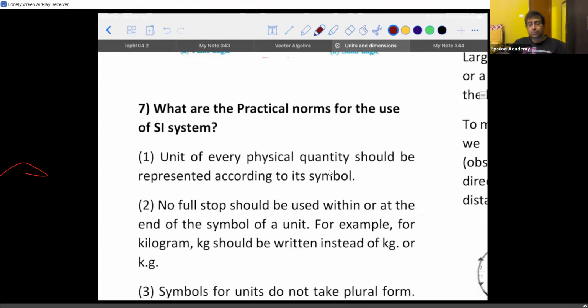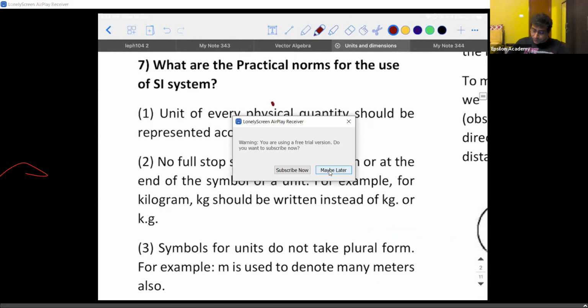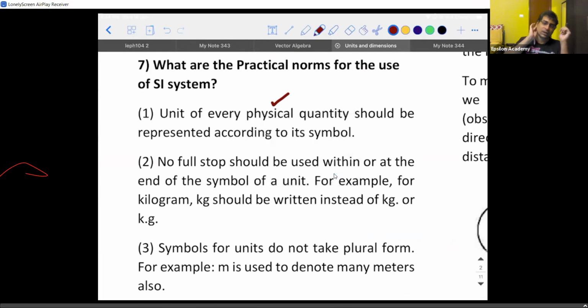So what are the three types of units that you saw, guys? One is fundamental, derived, and the third one is supplementary units. Right. The next point is, what are all the practical norms for the use of the SI system? Unit of every physical quantity should be represented according to its unit. If it has a unit, you are supposed to write it, and for the unit also you need not write it completely, you are going to represent it with the help of a symbol.